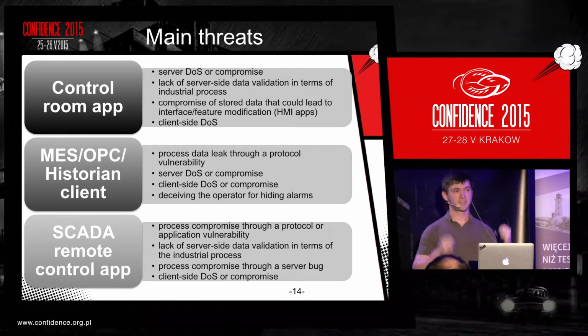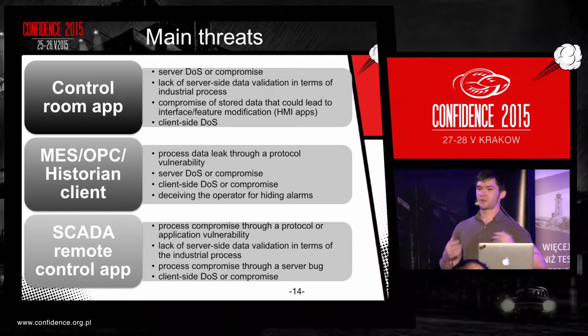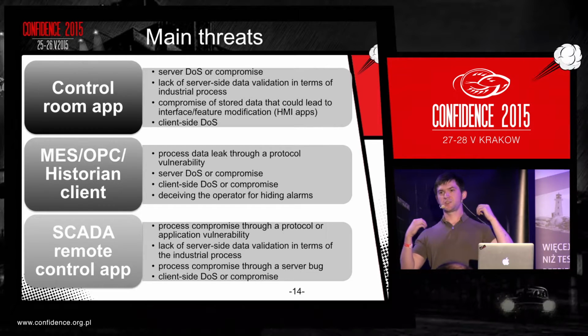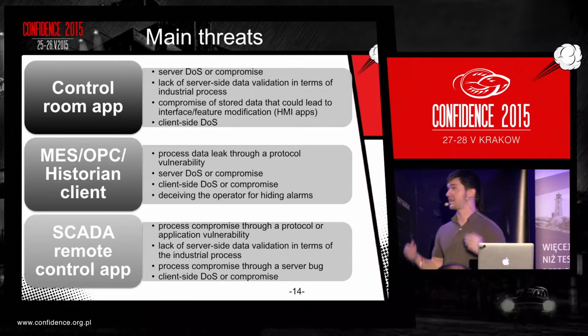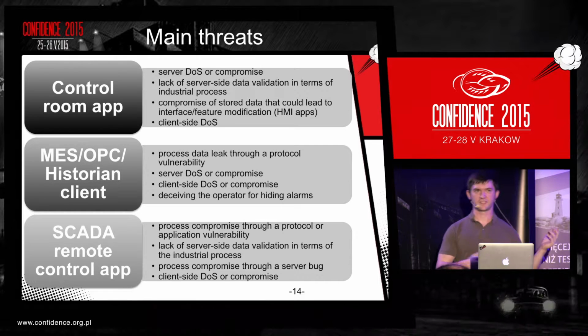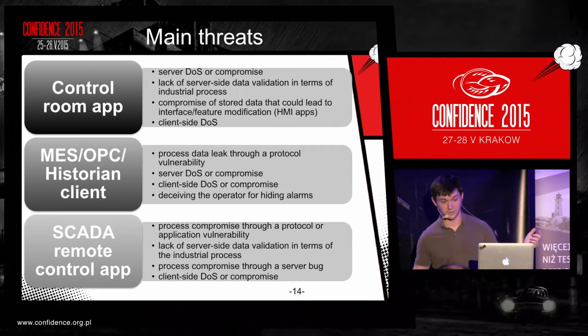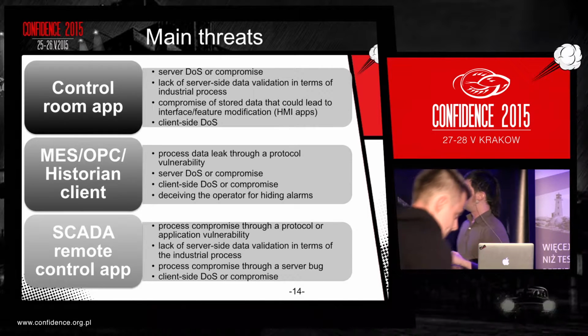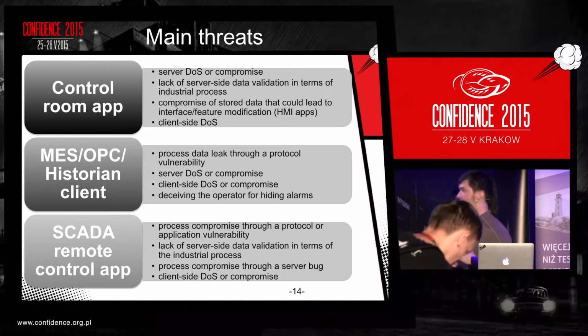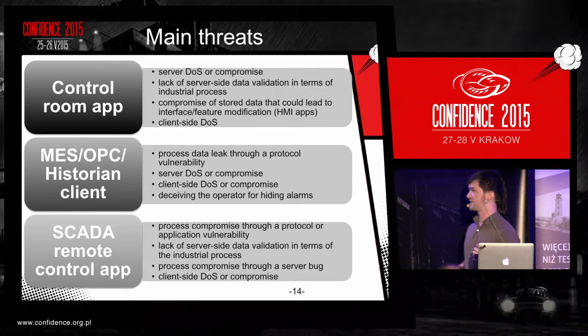But the attacker can intercept it so that the operator receives a notification that he should increase the pressure instead of decreasing it, or, as I said, he can receive nothing at all. For SCADA remote control apps, there is also client-side and server-side DoS, process compromise through the protocol, lack of server-side data validation, and a wide variety of bugs on the server side.